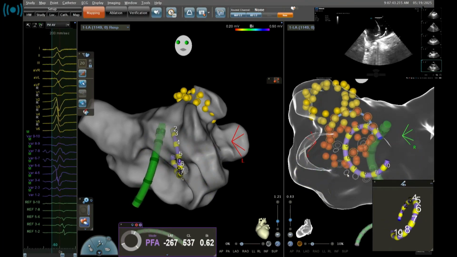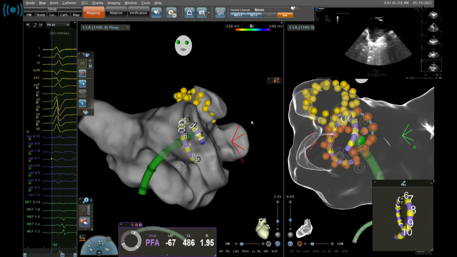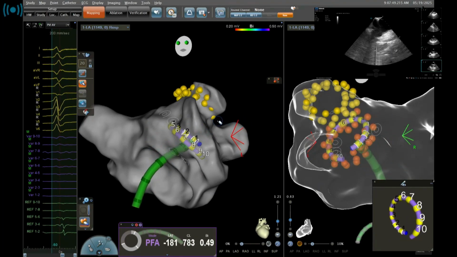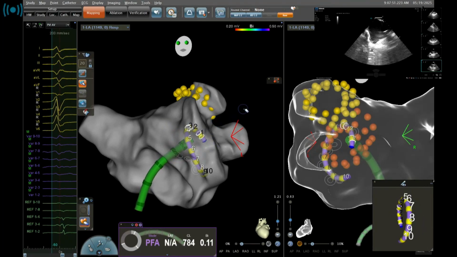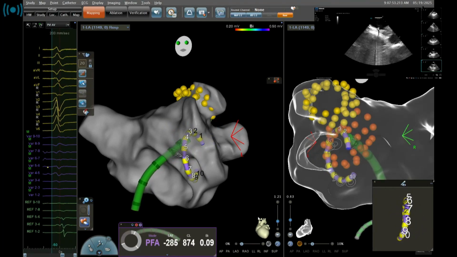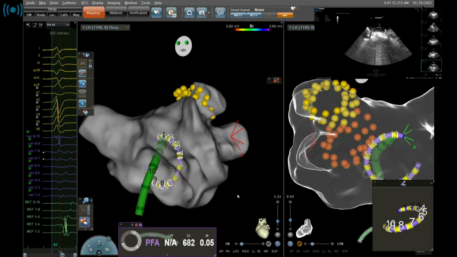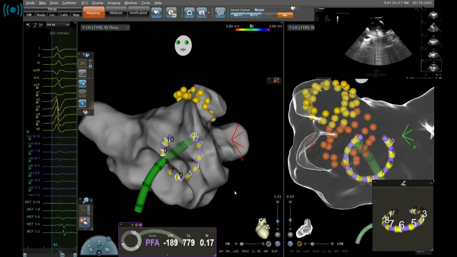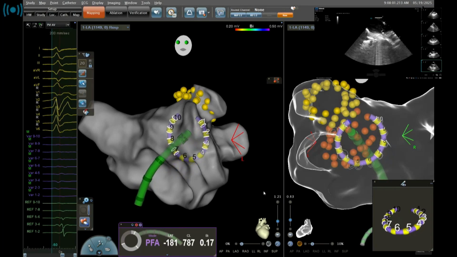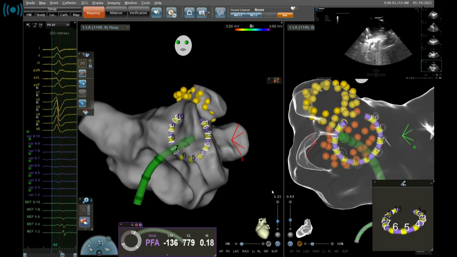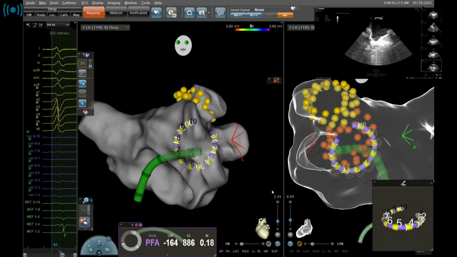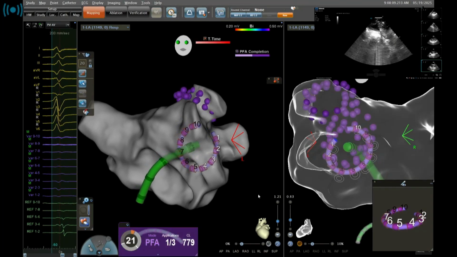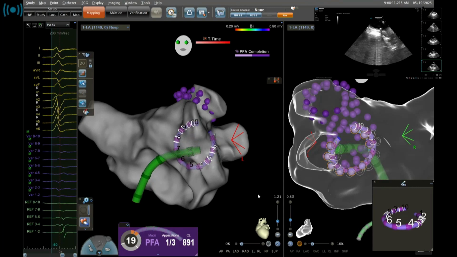You are near to the right. Because this vein is very small, and very close to. Okay, we can go. So it's the posterior part of this antrum. Yes.